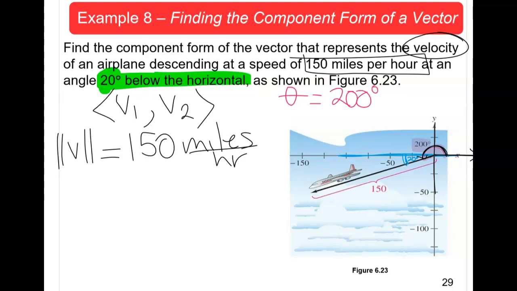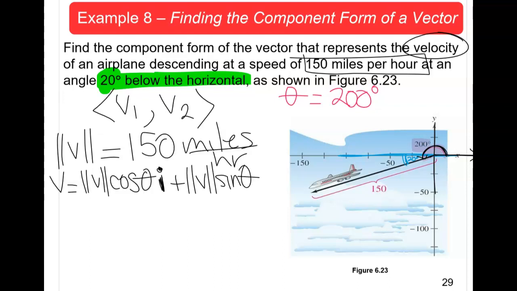So now, following the formula that we had previously, vector v is equal to the magnitude of that vector times the cosine of theta times i plus the magnitude of v times sine of theta times j for the unit vectors.